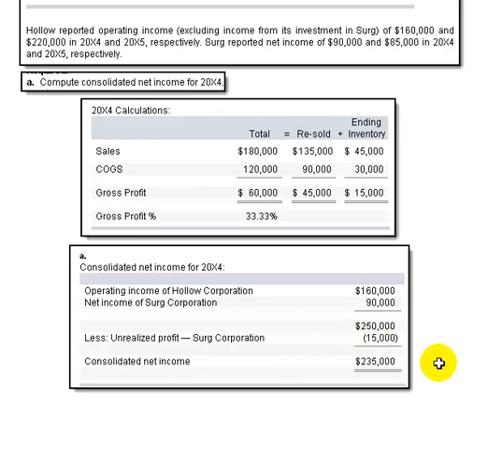Otherwise, we would be overstating net income of the two organizations. So consolidated net income represents the combined income that they reported, less the profit in inventory of 15,000. And that's how we calculate consolidated net income of 235,000.